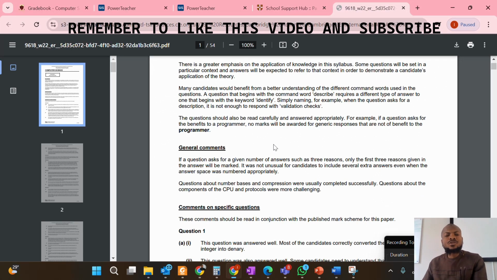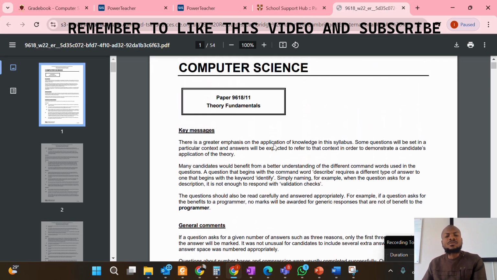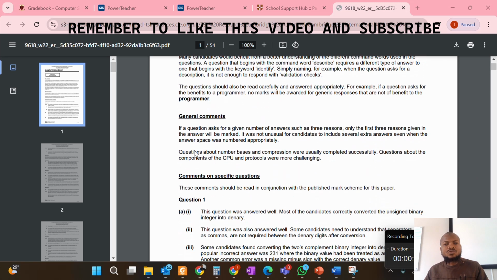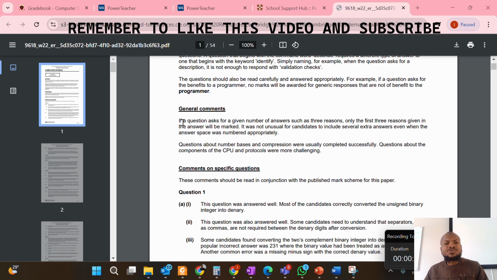After solving the questions, let's take a look at the examiner's report for this question so that we can learn from other students' mistakes and prevent us from making them. Now, key message. Let's go to the general comment. If a question asks for a given number of answers, such as 3 reasons, only the first 3 reasons given in the answers will be marked.